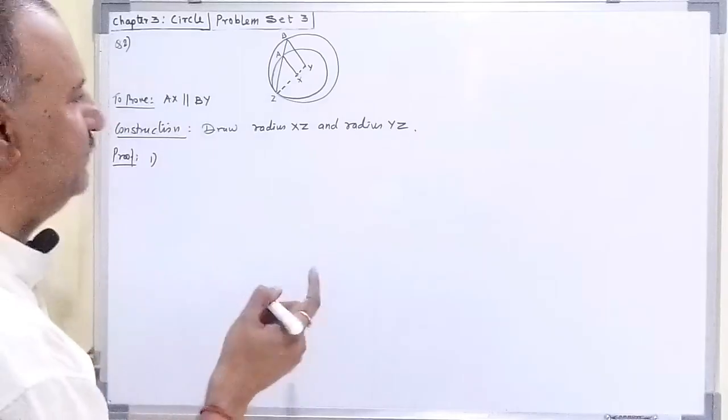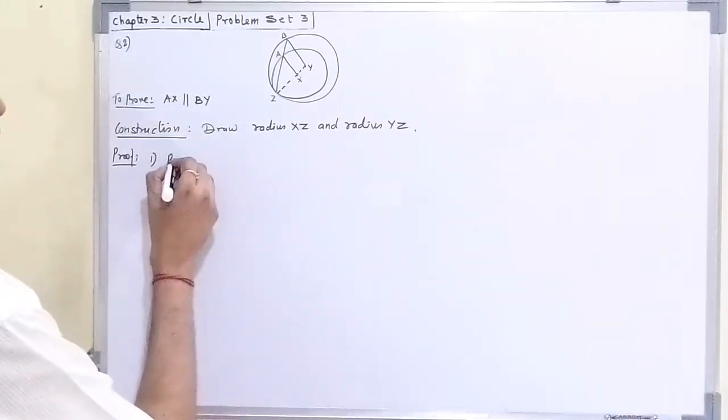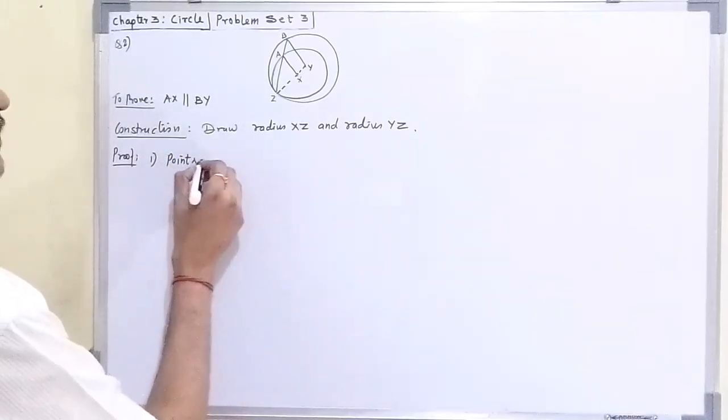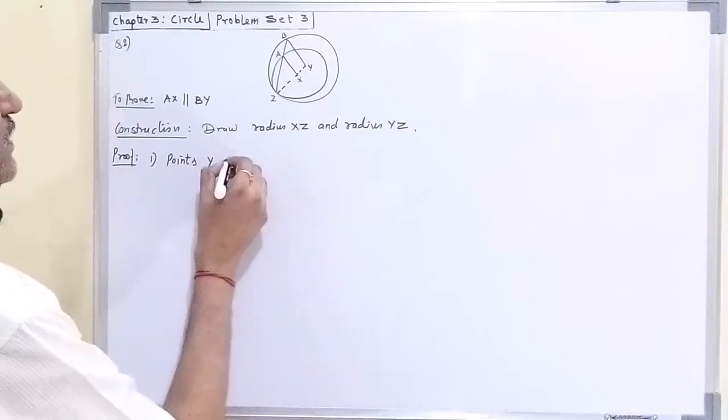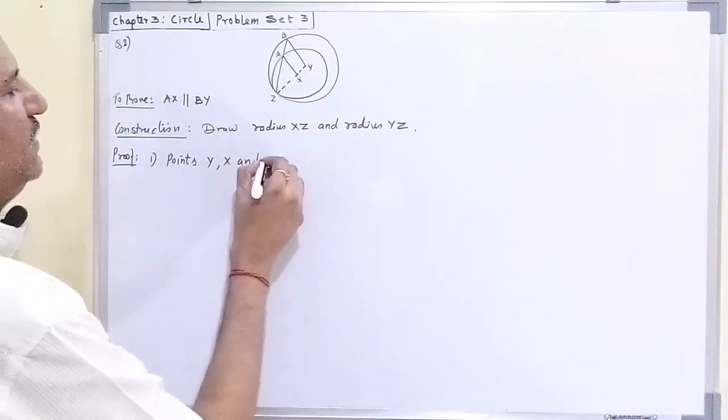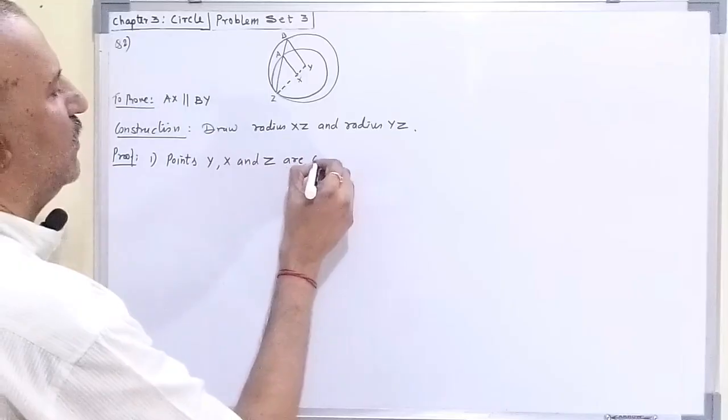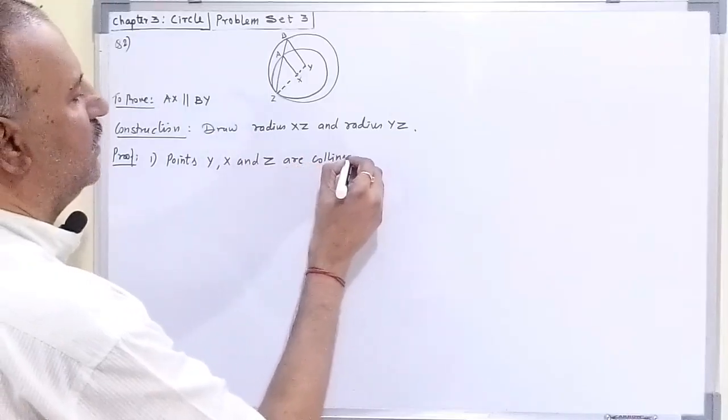पहला जो मैंने आपको कहा था, points Y, X and Z are collinear.